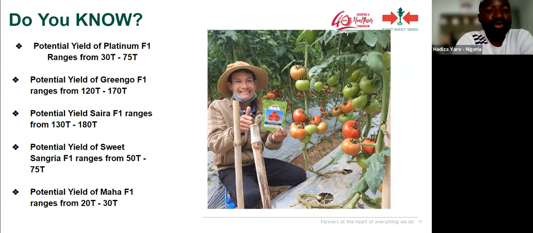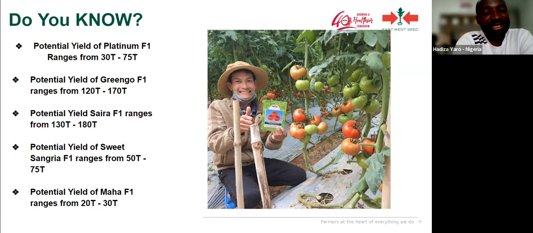This will give you what is on the screen, which is the 30 to 75 tons. And as well, when your management practices are bad, you can as well get 0. So we need to know our practices before embarking on this dry season production.